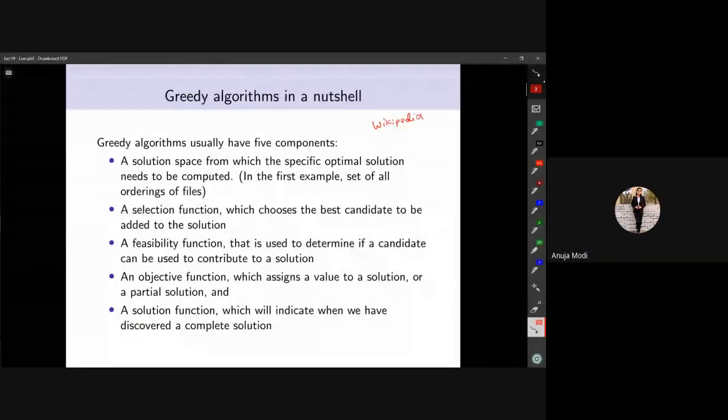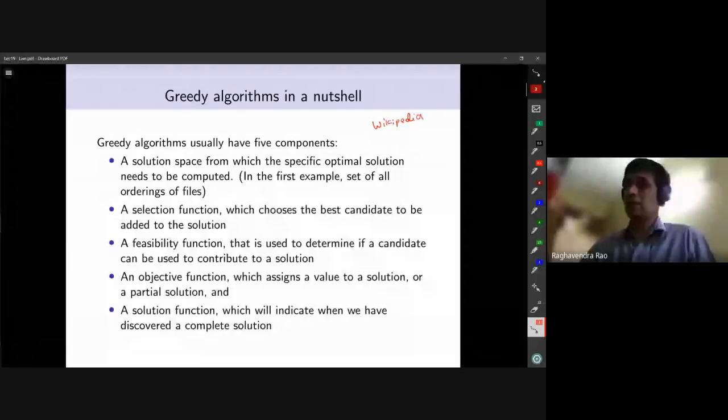Sir, in the case of scheduling classes, we will have more than one solution function, right? You have more than one solution function, but see, if somebody gives you a schedule, you cannot tell whether it is optimal or not. Well, now we know that sorted ordering is optimal, but without that knowledge, you cannot tell it.